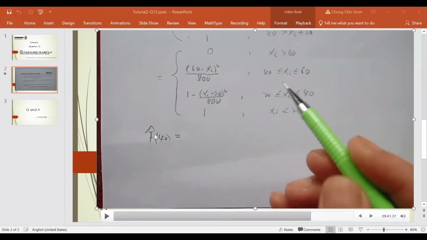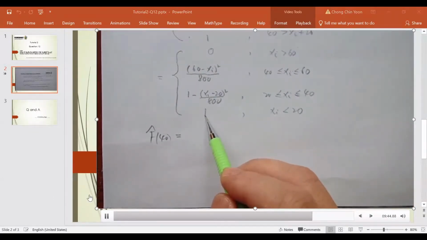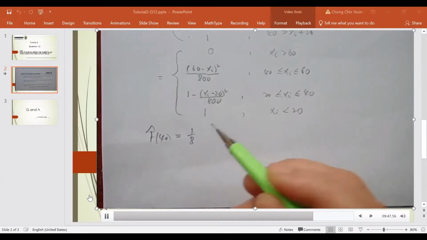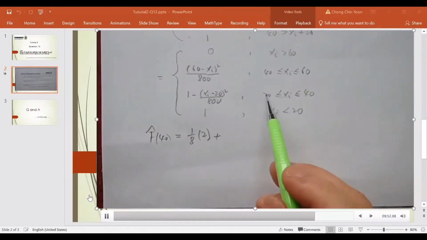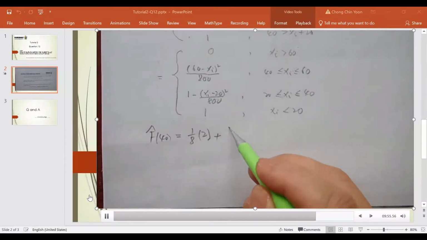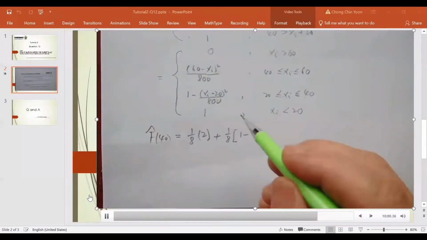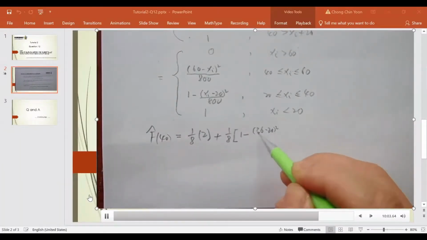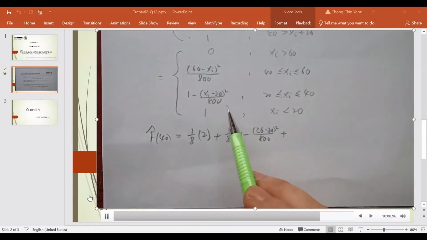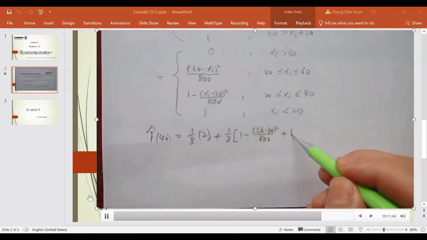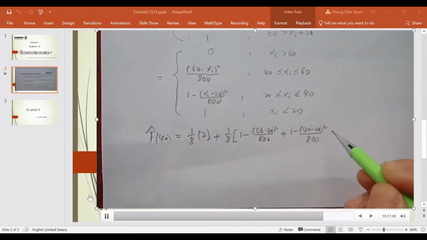So next we can calculate this CDF at 40. I have 2 times of 1 with a probability of 1 over 8. And I have 2 times of the data that falls on this group with a probability of 1 over 8. So the first data, which is 36, I have 36 minus 20 squared divided by 800. And the next data that falls on this group, that is 40, so I will have 1 minus 40 minus 20 squared divided by 800.